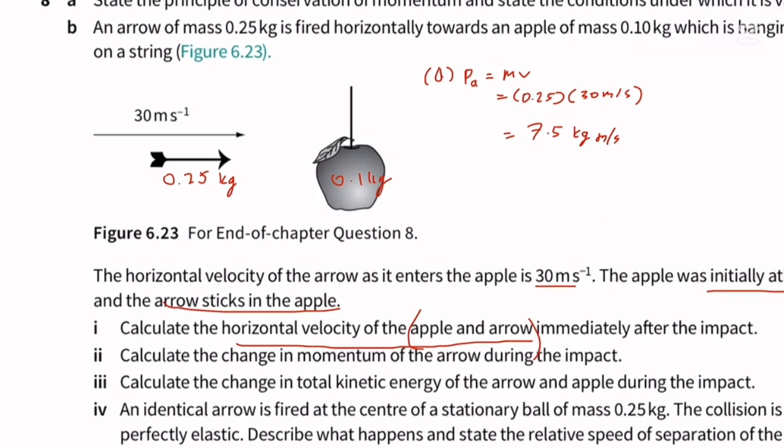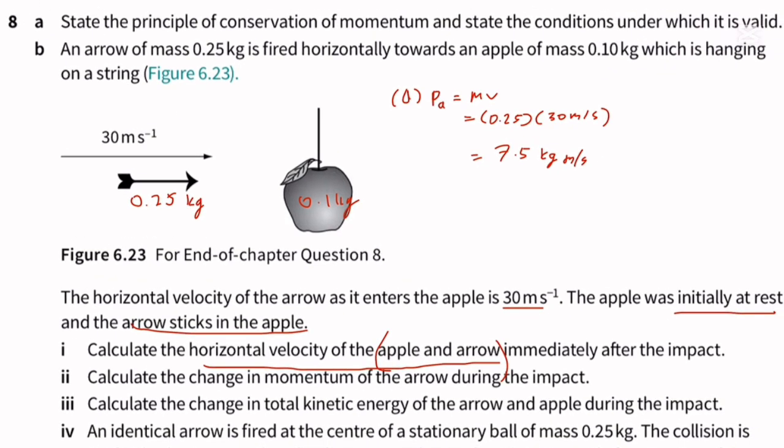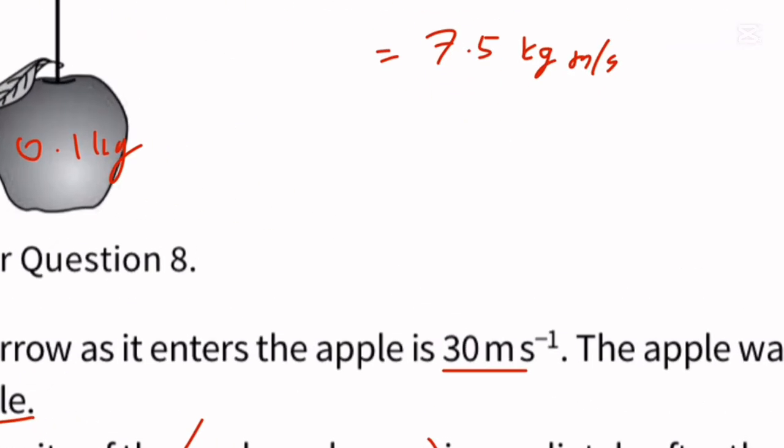According to the conservation of momentum, the total momentum before the collision is the same as the total momentum after the collision. So when the arrow and the apple stick together and have a horizontal velocity, the combined momentum after the collision is going to be 7.5 kilogram meter per second, because of conservation of momentum. I hope you guys get that.